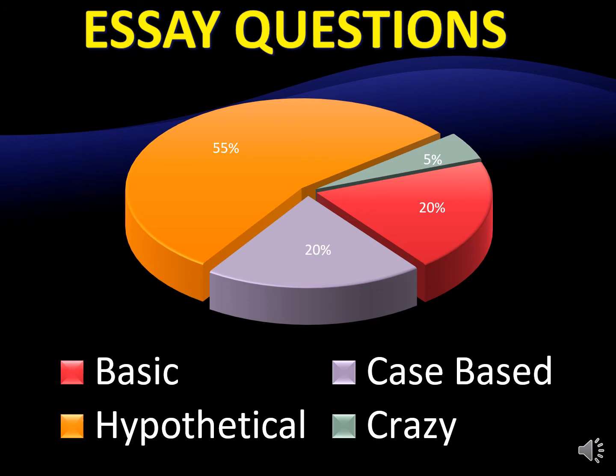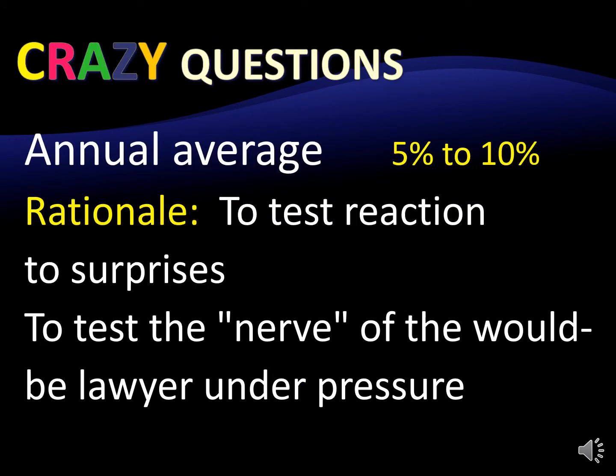And then you have the case base, which is 20%, and you have 55% hypothetical questions. When I say hypothetical questions, these are the pure inventions of the examiner. And then you have a 5% number with respect to crazy questions.